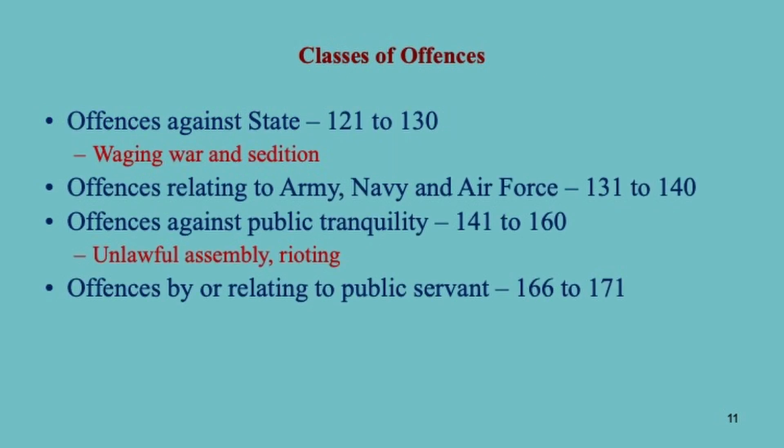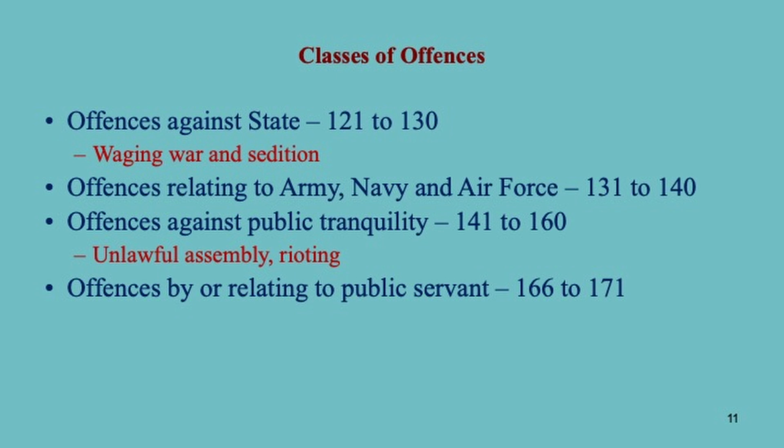Chapter 6 consists of sections 121 to 130, which deal with offences against state, which include offences like waging war against government of India, sedition, etc. Chapter 7 from sections 132 to 140 deals with offences relating to Army, Navy, and Air Force. Chapter 8 from sections 141 to 160 deals with offences against public tranquility, which include offences like being a member of an unlawful assembly, rioting, etc. Chapter 9 from sections 166 to 171 deals with offences by or relating to public servants.